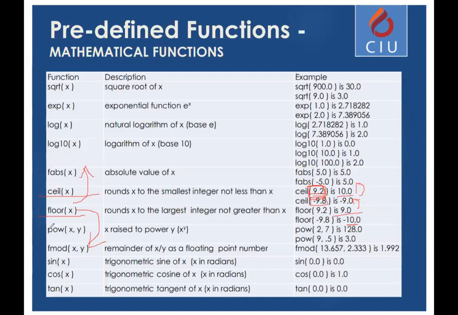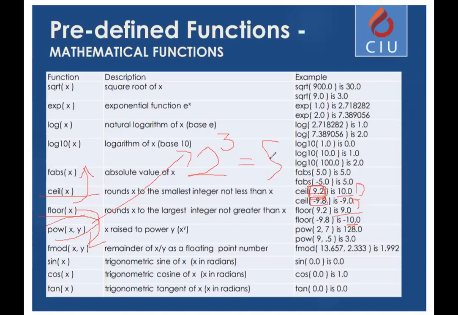Moving on, we have next power, x raised to the power of y, such as when you want to calculate the power of 2, 2 raised to the power of 3, you can use this function, and it will generate you the outcome of 8 in terms of double.